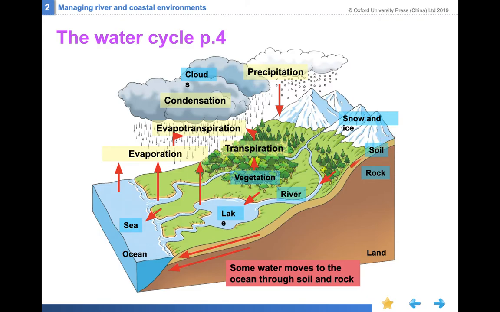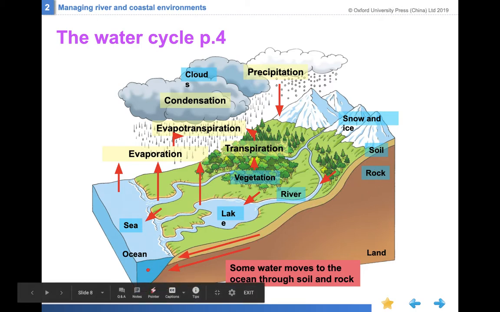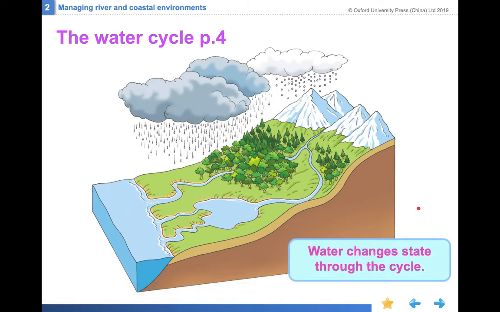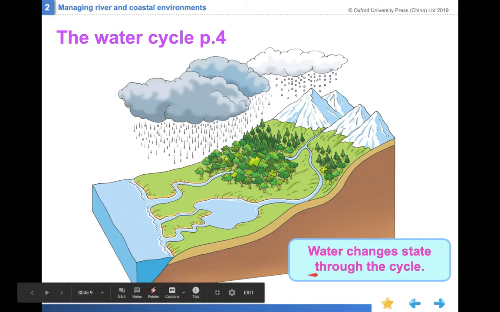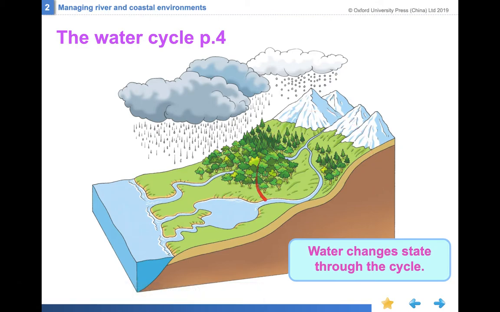And the water passing through the soil or passing through the rock will eventually move back to the ocean. So all this process tells us the detail of the movement of the water throughout the water cycle, changing their state into different forms like ice, water, hail, or snow.